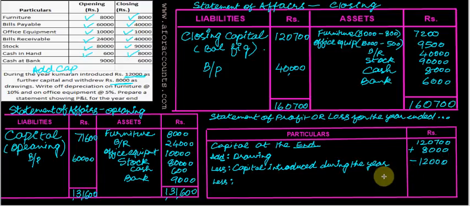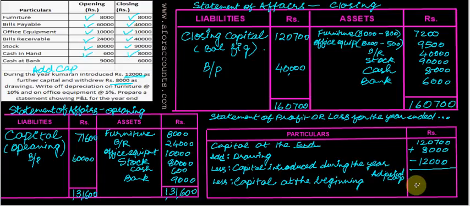And then I will also less capital at the beginning. See, if you do this, you will get the adjusted capital. And you have to subtract your opening capital, or capital at the beginning.